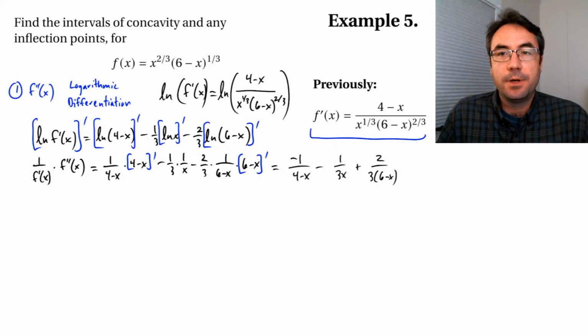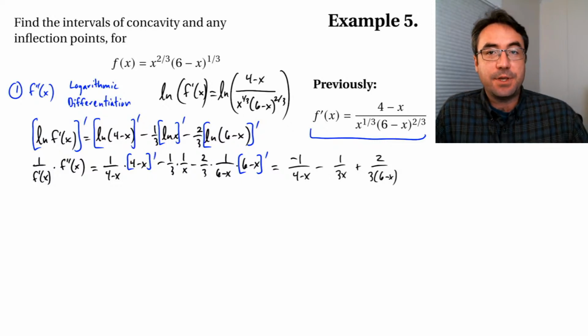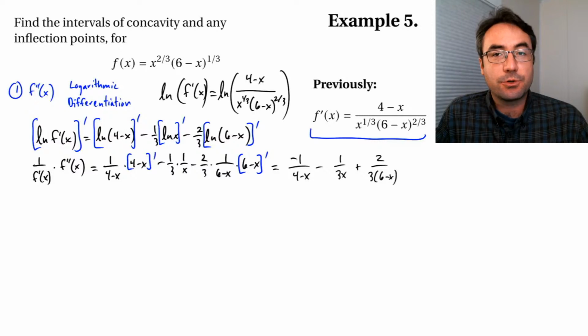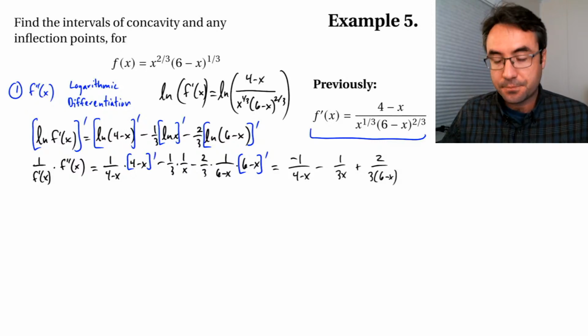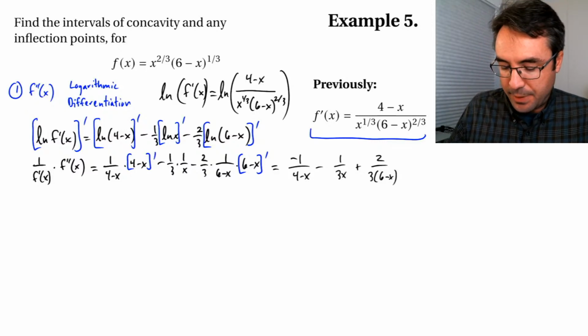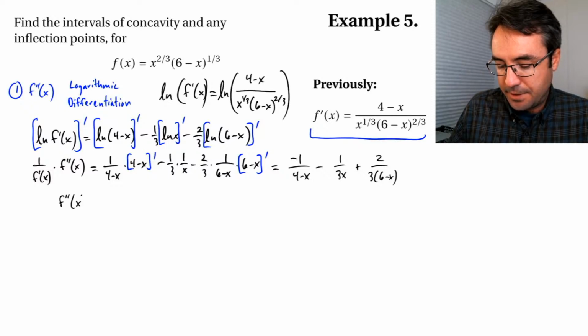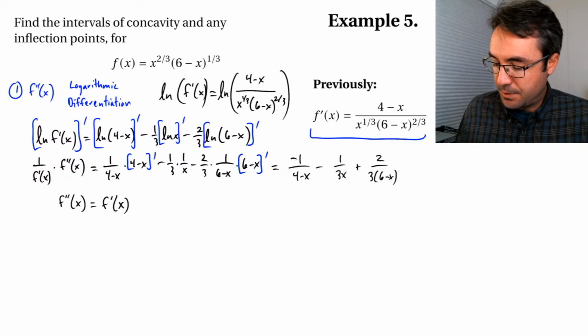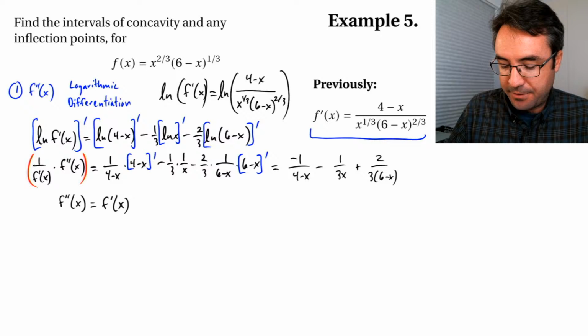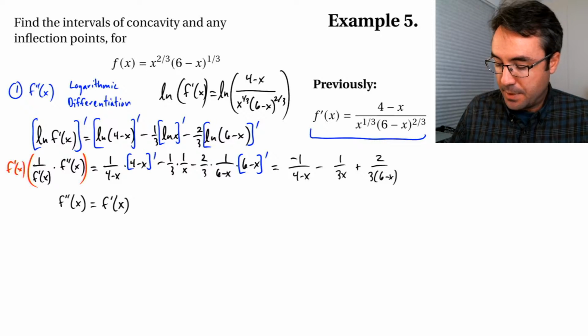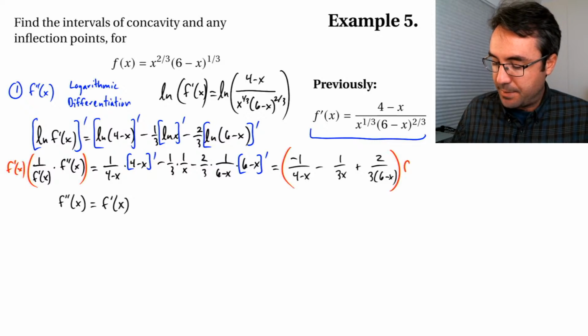All right, so now we actually want to solve for the f double prime. That's what we're trying to figure out. So we can get that by itself on the left if we multiply both sides by f prime. So we're multiplying this side by f prime, and then we're going to multiply the other side by f prime.